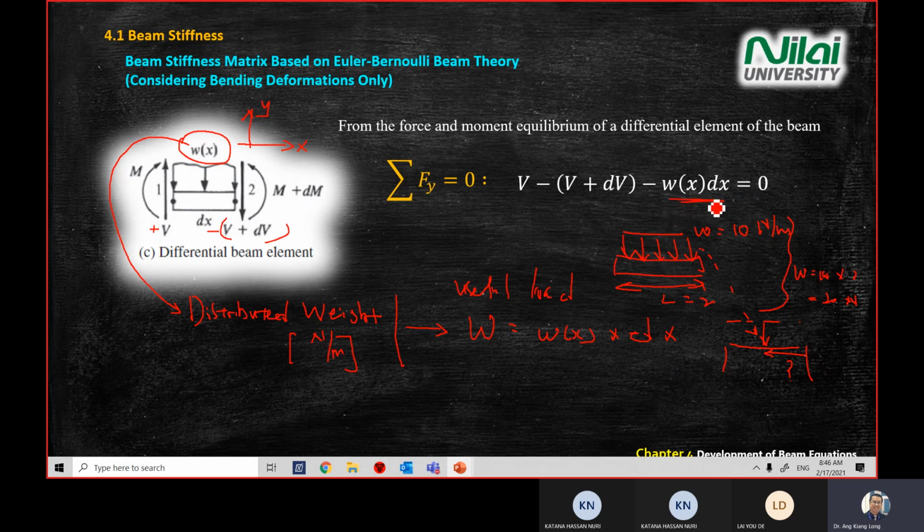Yeah, so you should be able to understand why w times dx here, because w again is Newton over meter times meter. Yeah, so I'm doing dimensional analysis here so that you know at the end you still get Newton. Yeah, the unit of V here is Newton. This is also Newton minus Newton. You get Newton. Yeah.